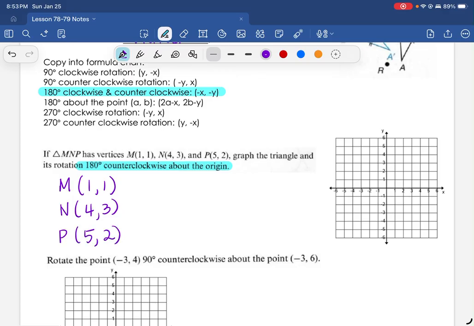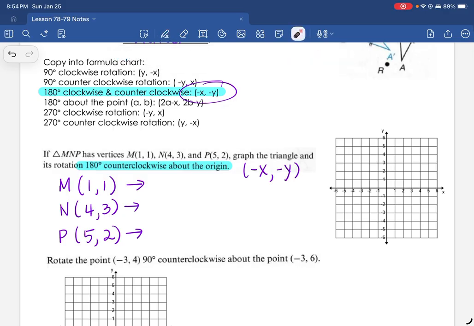And so you can see, I'll use my red pen, that it went counterclockwise this way about the origin. So that was the center of rotation. And so you'll see how it rotated 180 degrees counterclockwise. Let's look at another example.